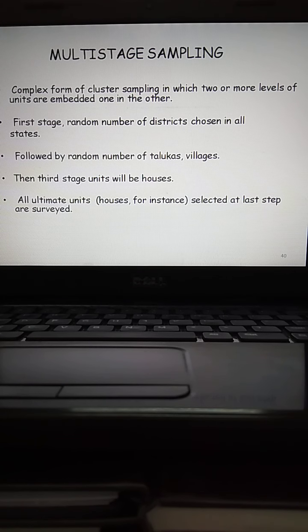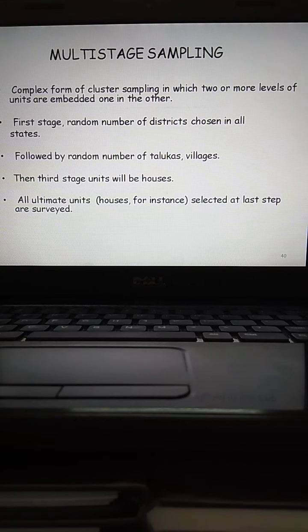The next method under random probability sampling methods is the multi-stage sampling method. Generally, the multi-stage sampling method is applied when the research is on a big scale. Let us suppose that you want to extract information regarding the whole country. The entire country can be segmented into states like Telangana, AP, Bihar, Uttar Pradesh.